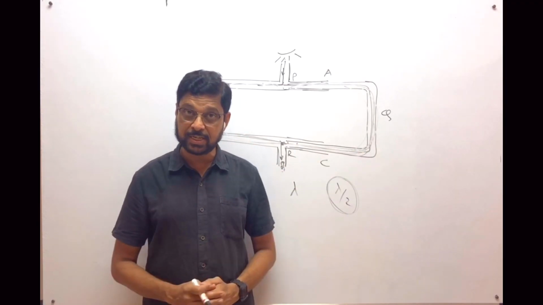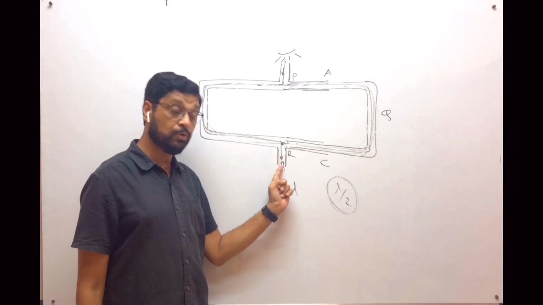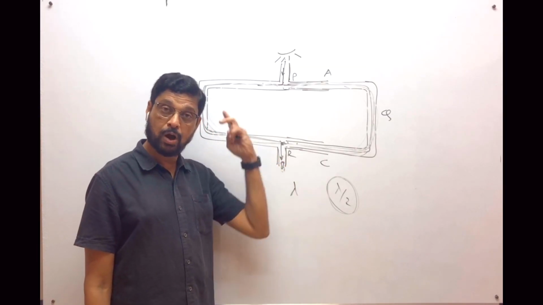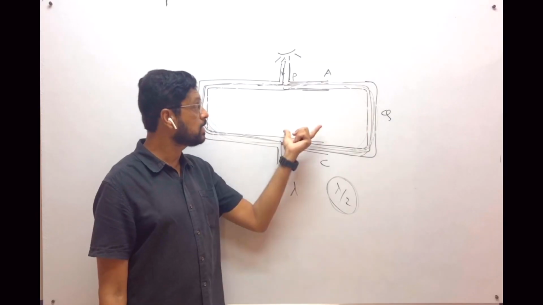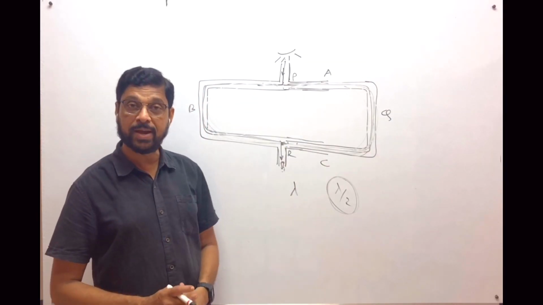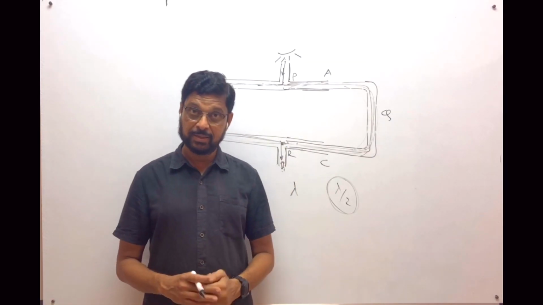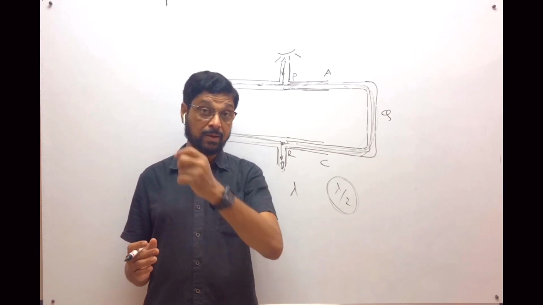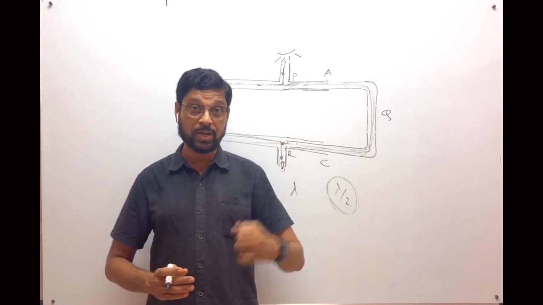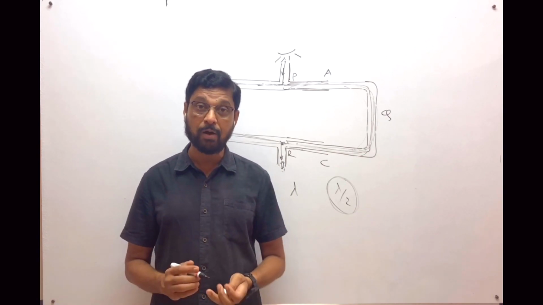Again, there will be constructive interference. So again, you will hear a loud sound of constant intensity. This is Quinck's tube experiment to demonstrate the constructive interference and destructive interference, or to demonstrate the superposition of waves.